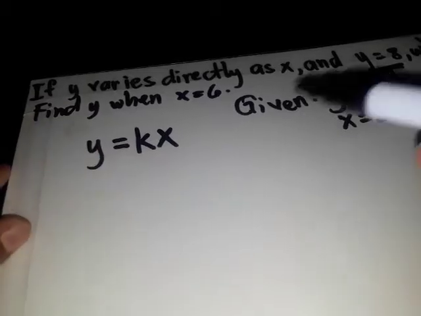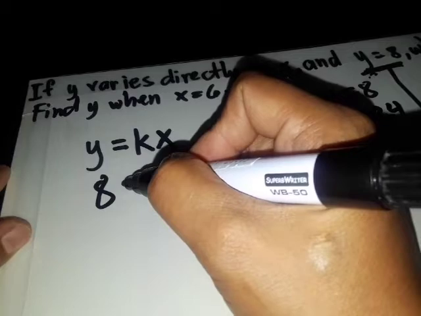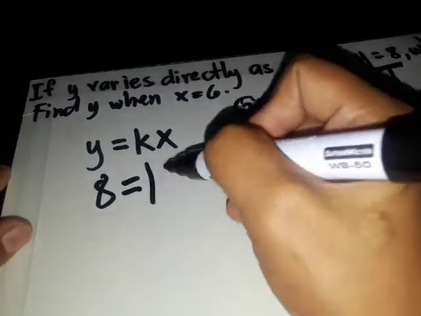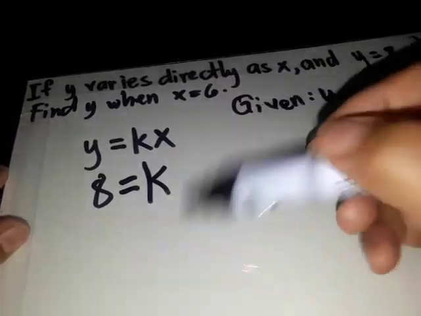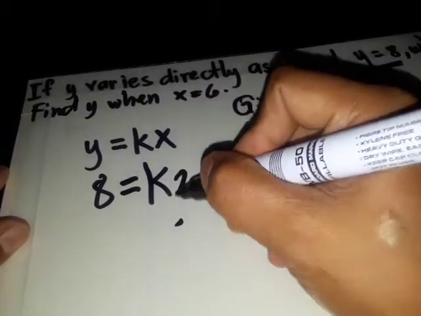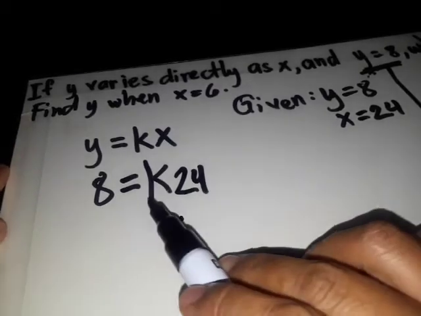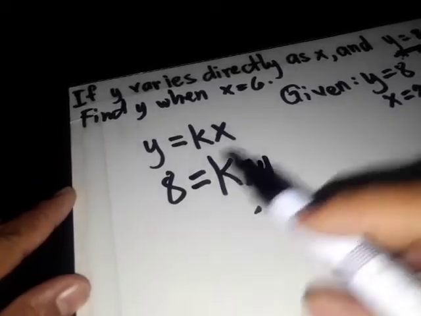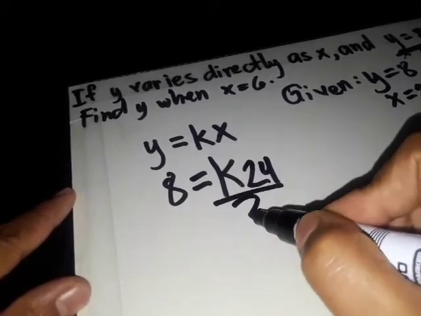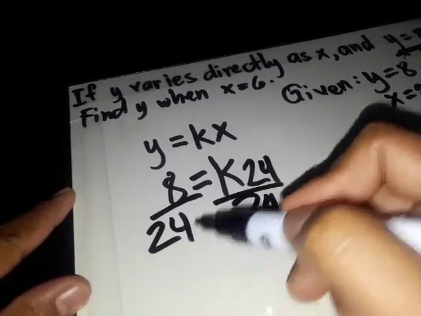So y is equal to 8. Substitute lang natin 8, copy k, kasi k ang hinahanap natin, and then ang x natin ay 24. Okay, next. Since ang katabi na number ni k ay 24, so i-divide natin both sides ng 24. So divided by 24, divided by 24.